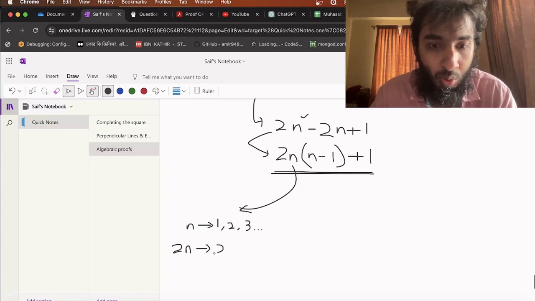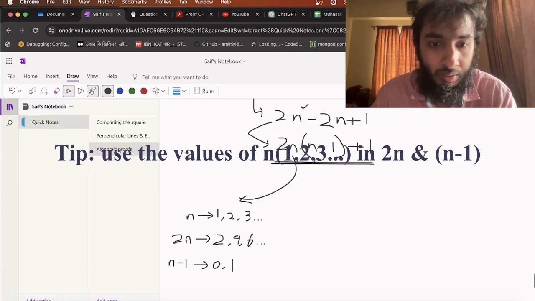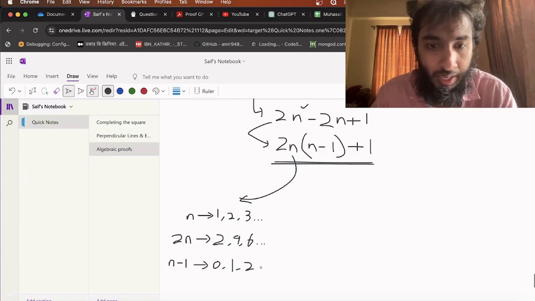Twice n would be 2, 4, 6 dot dot dot. And what would be the value of the term n minus 1 for n being 1, 2, 3 dot dot dot? For 1 it's 0, for 2 it's 1, and for 3 it's 2 and so on.